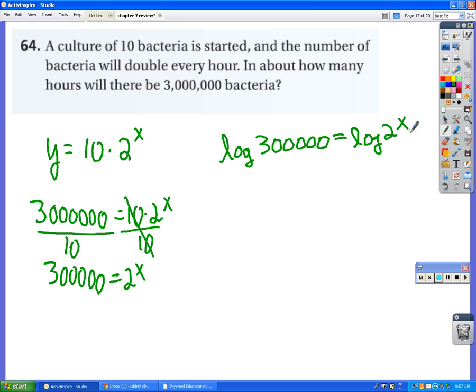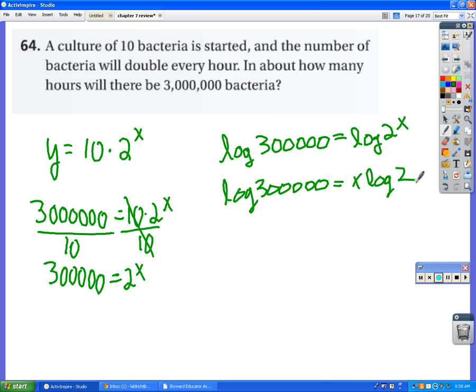So I don't have an inverse operation for to the x power, so that's why I do the log. Anytime you have a variable as an exponent, that's when you do the log. Because now what can I do with the x? Bring it down in front.